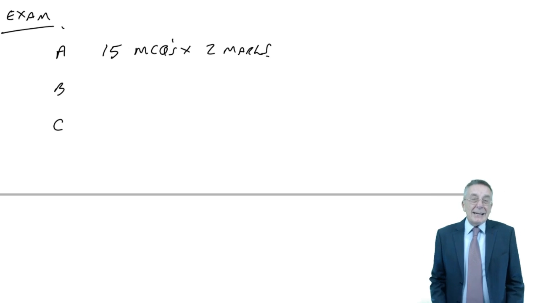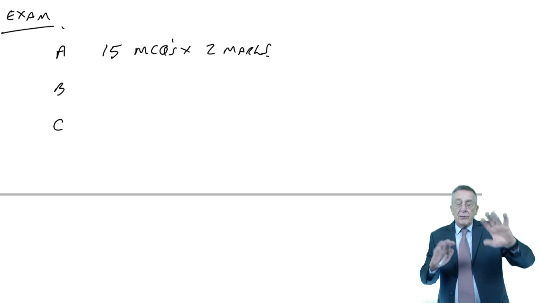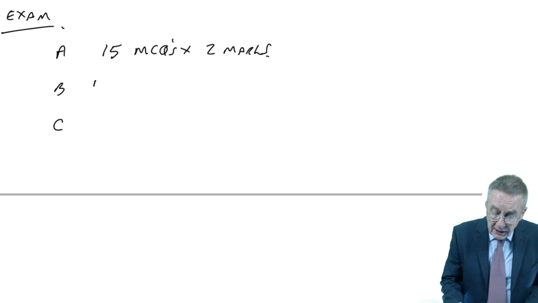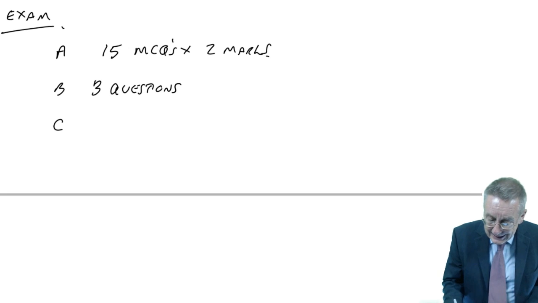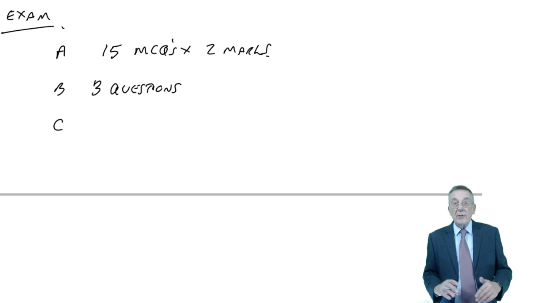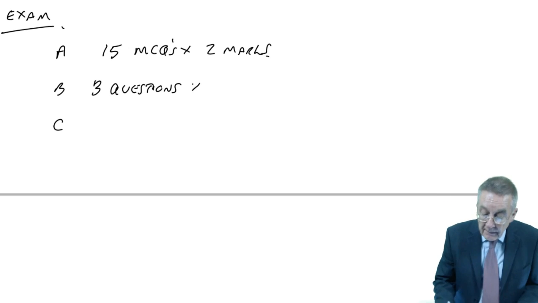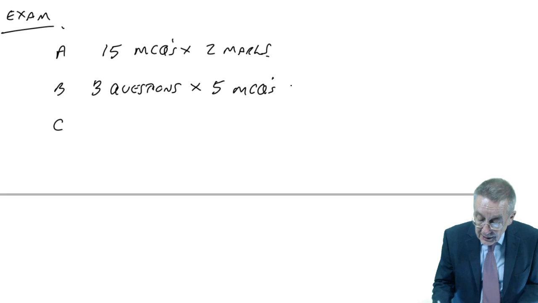Section B is similar, except they split it into 3 bits. There are essentially 3 questions. So the questions are a little bit longer, give you a bit more information, but then on each of them, there are 5 multiple choice questions of 2 marks each.